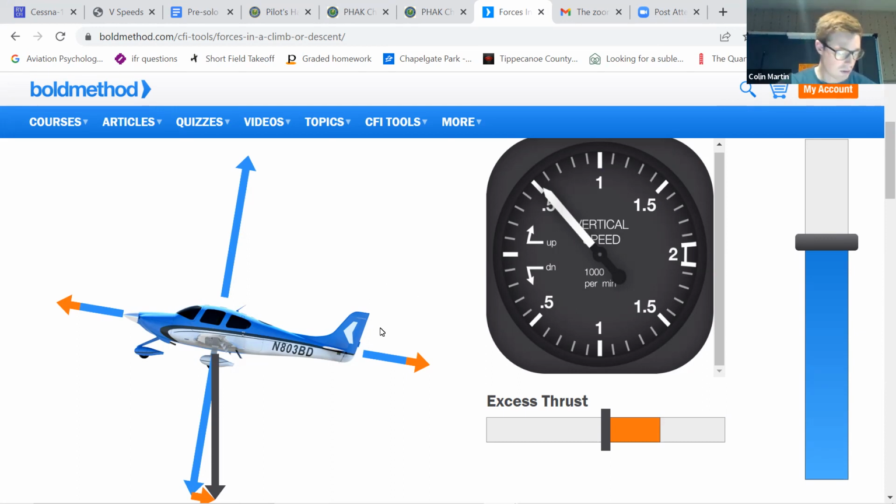Cool. I'm going to stop sharing. Do you remember the components of a wing? Well, when I think about a wing, I think about the ailerons, the flaps, the wing chord.